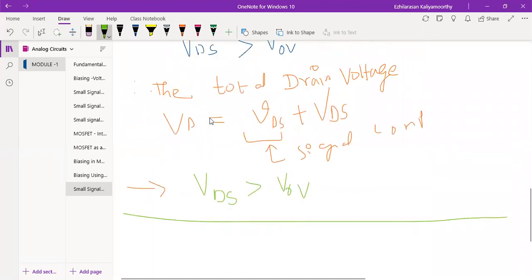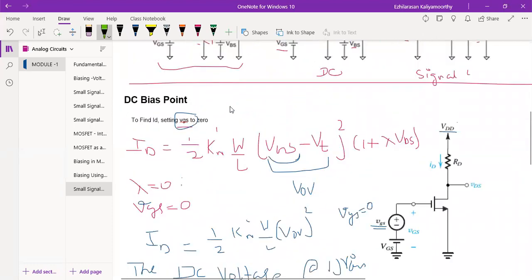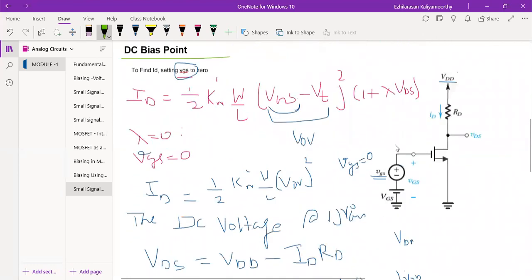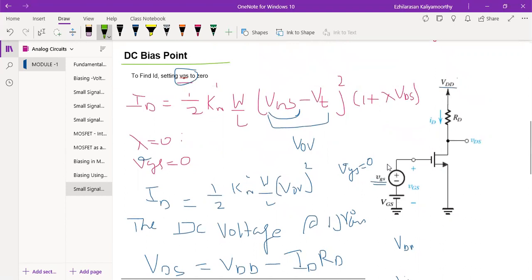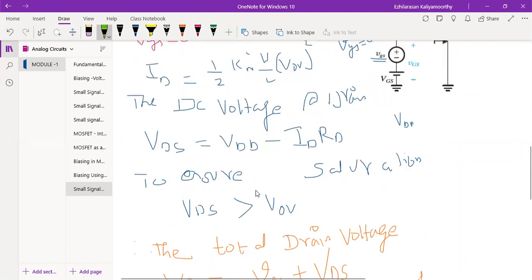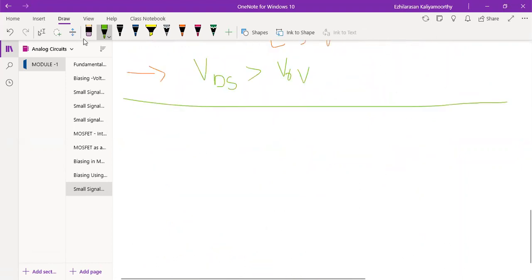That is the first thing, the DC bias point when you're adding the small signal voltage source at the DC. So very important, you have to make VGS equal to 0. So VGS is equal to 0 we made, then we got the expression.